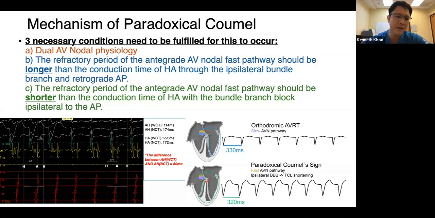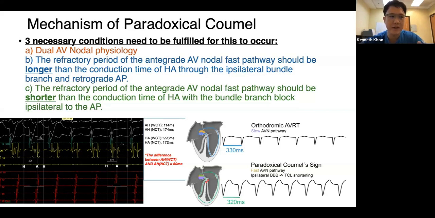In this patient, the functional left bundle branch block then spontaneously recovers, and the recovery of the functional left bundle branch block results in a shorter HA time. That is to say that the time it takes from V to conduct back to A and to the AV node is shortened when functional bundle branch block disappears. So this earlier return in retrograde signals is met with the fast pathway that is still in refractory. And the result of that is preferential conduction down the slow pathway.